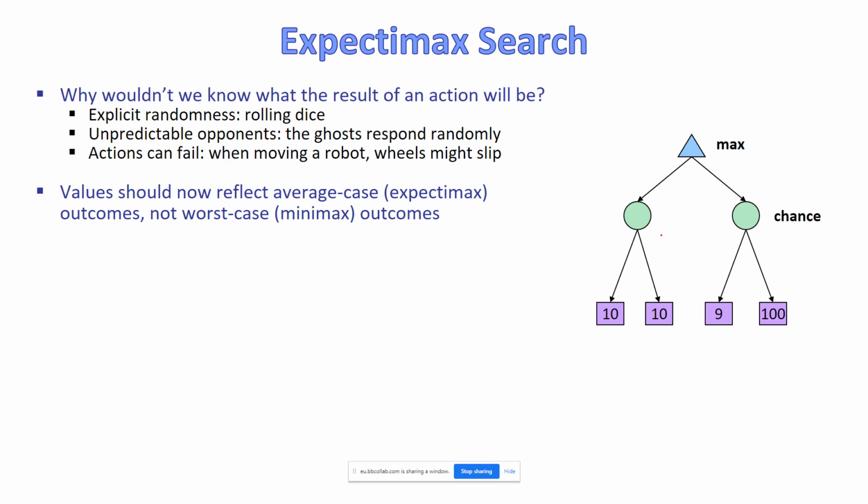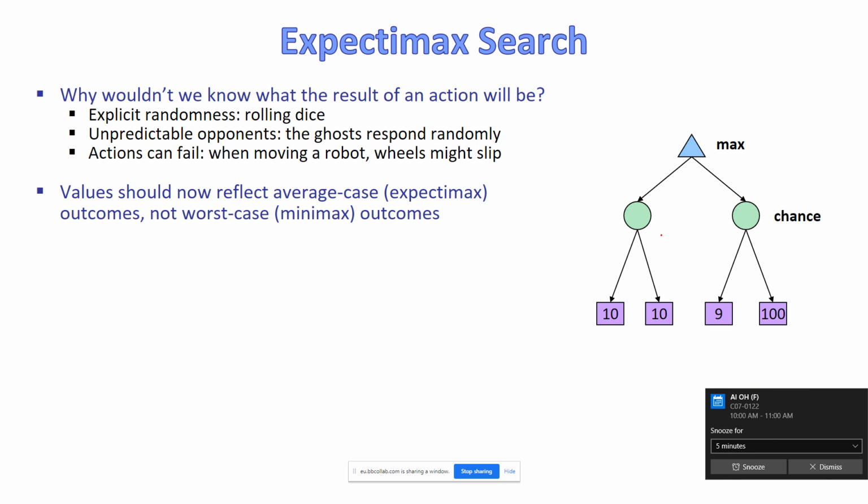That's a second reason. A third reason is about the actions that I am taking myself. And the classic example here is the robot. Let's say that we are controlling a robot, so the agent is a robot, and the robot is making decisions of some movements. Some of these movements, when we do a movement, the wheels might slip, and the position will be different than what I expect. So there is a chance that the actions will be different.